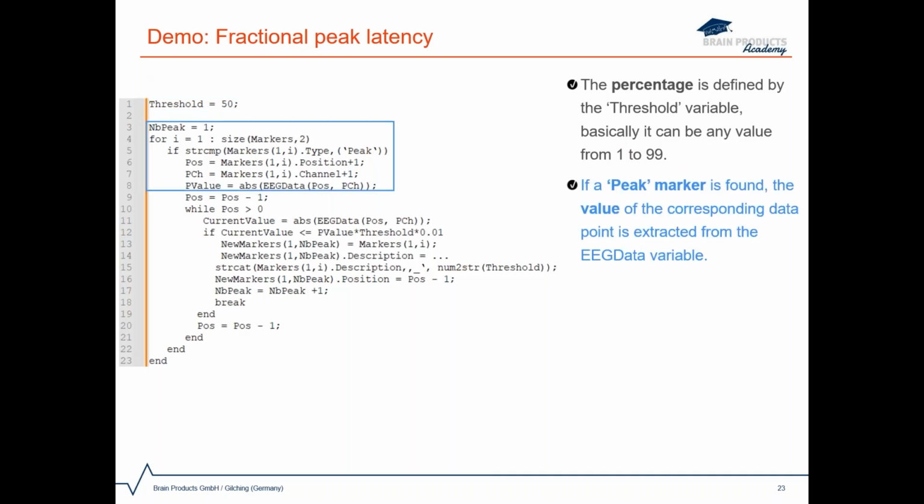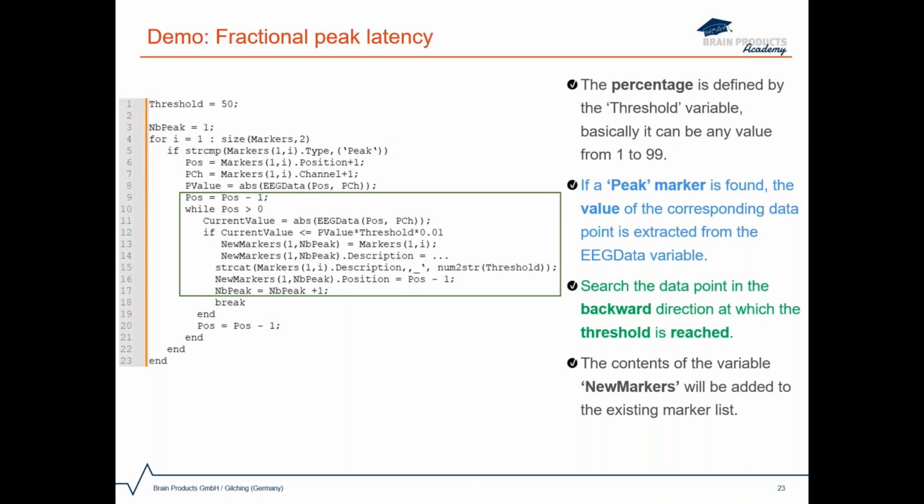First, we need to have a loop which checks for all markers. If a peak marker is found, the value of the corresponding data point is needed from the EEG data variable. If you recall, this variable is used by Analyzer for storing the exported EEG data in a Matlab matrix. The fractional value then can be calculated easily and can be used as threshold.